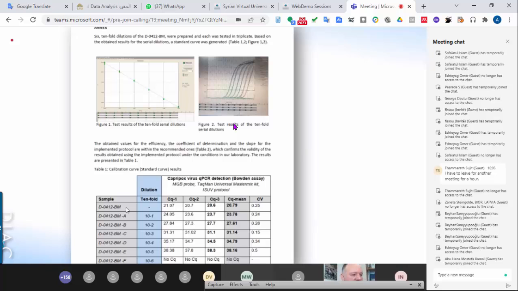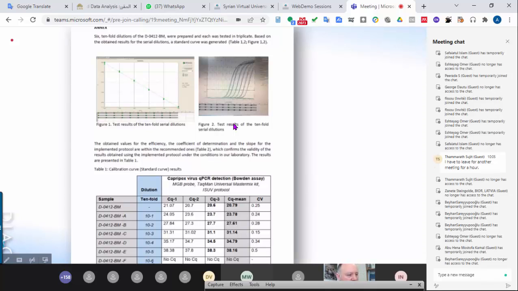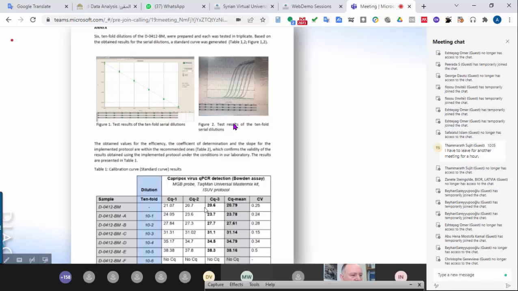As you can see here, this is the strong positive sample, and it was performed in 10-fold dilution steps until 10 to minus 6, from the starting values downwards, expressing the mean value for the Cq or Ct, and then the coefficient of variation during these triplicates.